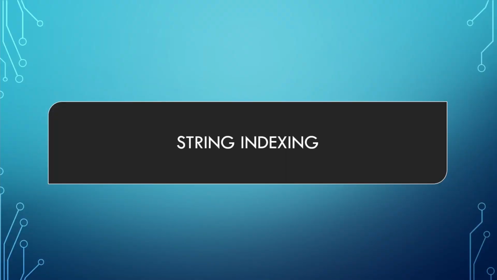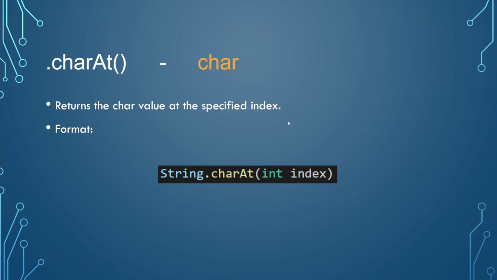Okay, so now string indexing. charAt. What exactly does this do? Well, of course, you've seen in the scanner class, if you want to accept a single character, we use the scanner name .next().charAt(). So what exactly does this charAt do?